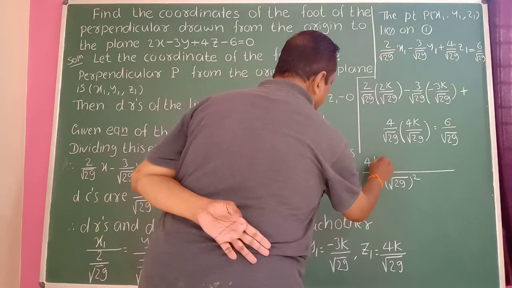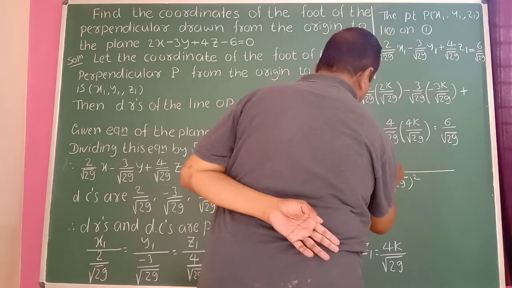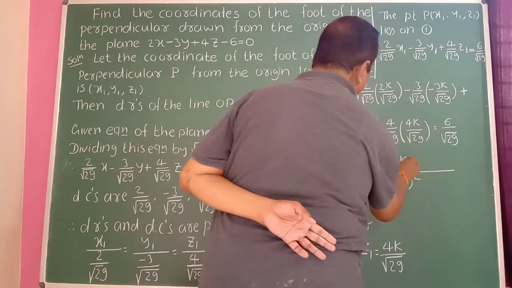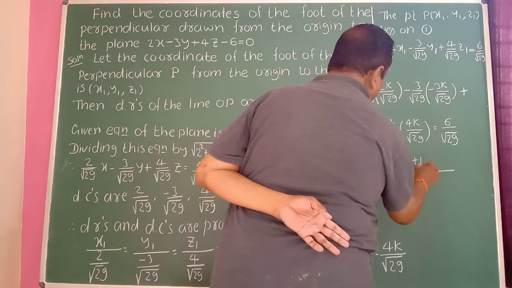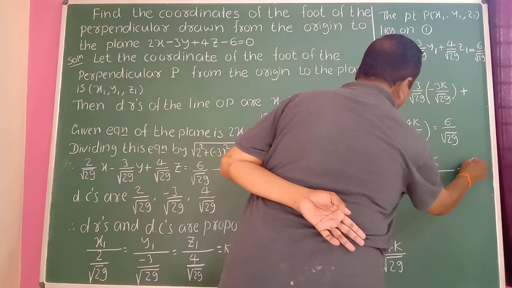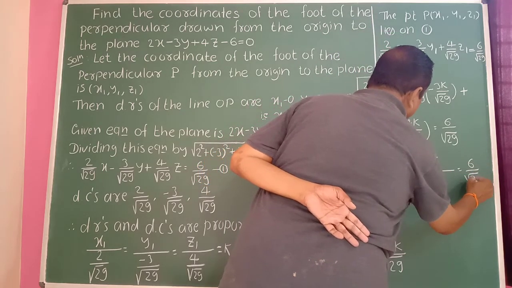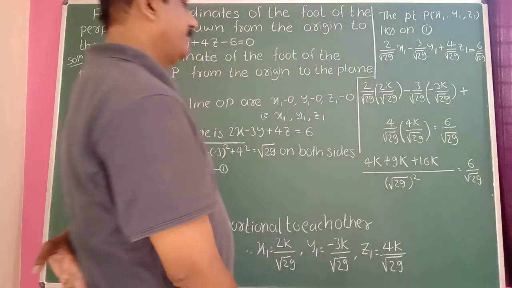2 2s are 4, 4k, 3 threes are 9, plus 9k, 4 fours are 16, 16k, that is equal to 6 divided by root of 29.